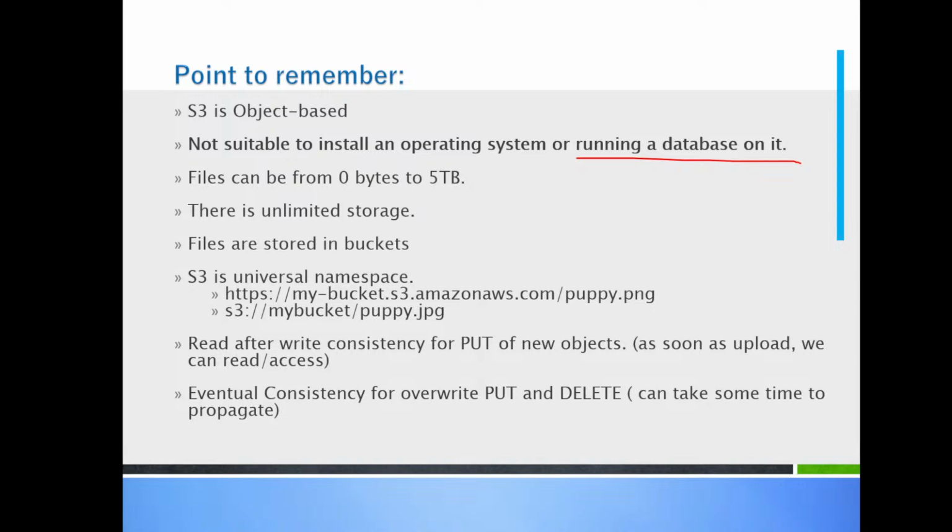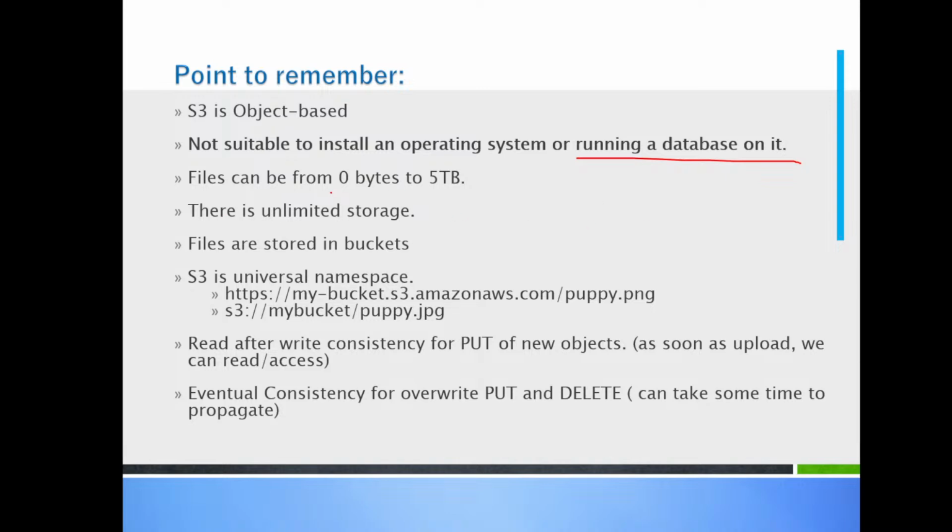In object storage, you can't run your application, you can't run your OS. Why? Because all the files of our OS and application should be stored in a single device, but while storing data in S3, your files will be distributed across different servers.